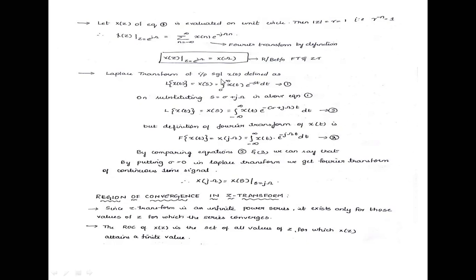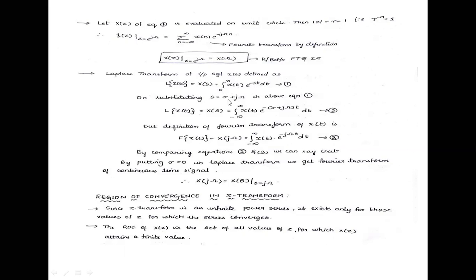Now the Laplace transform and the Z transform. The Laplace transform of the input signal, according to the definition, X of s is equal to the integral from 0 to infinity. I'm taking only the unilateral Laplace transformation, from 0 to infinity, of x of t e to the power minus st dt.